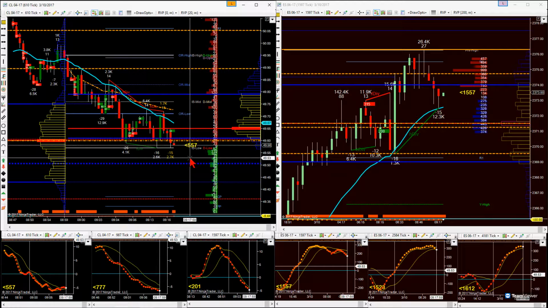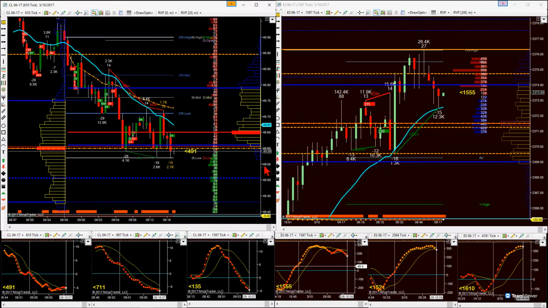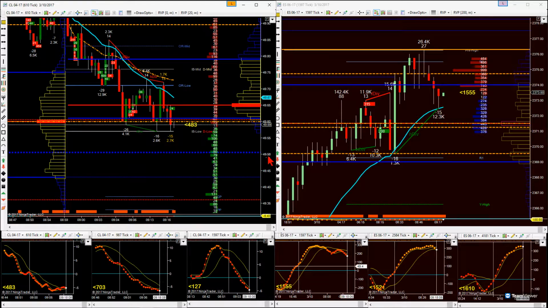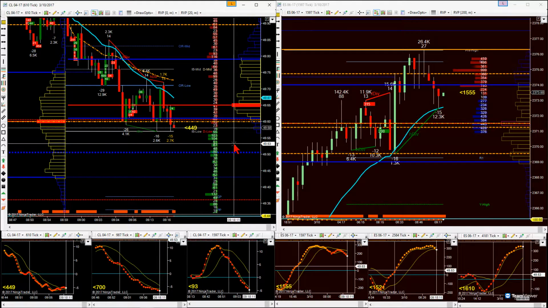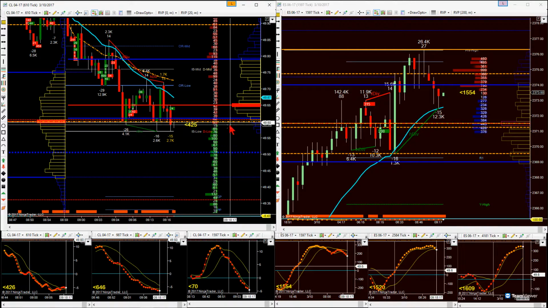Matching overnight low. Still only positive divergence on the 610. Buyers stepping in there.